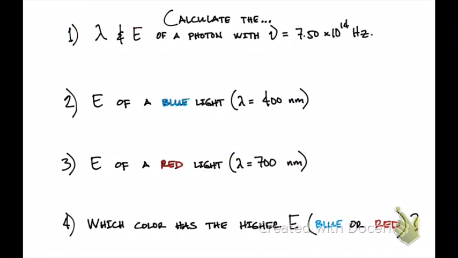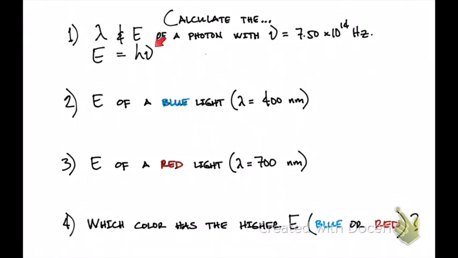All right, so let's look at some of these examples shown here. Again, you can pause this video if you want to try them out yourself. The first question here is calculate the wavelength and energy of a photon with this specific frequency. So you're given the frequency here and you have to calculate wavelength and energy. So we can use this equation shown here to calculate the energy. Okay, so we're given the frequency of light. We can solve the energy using this equation.